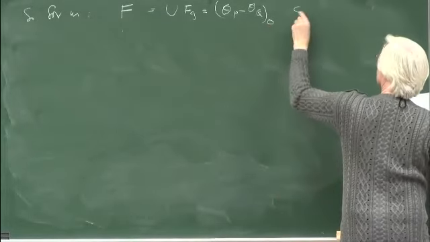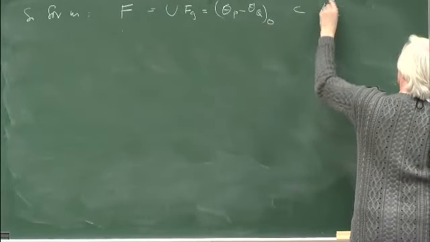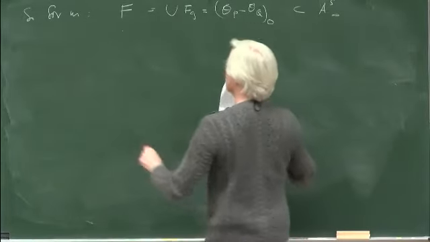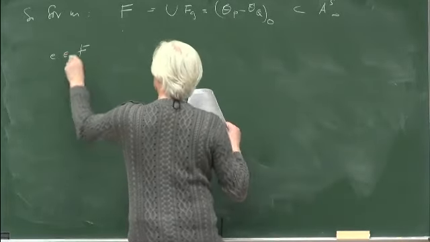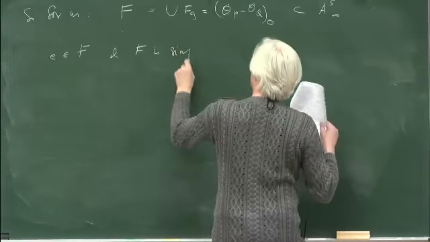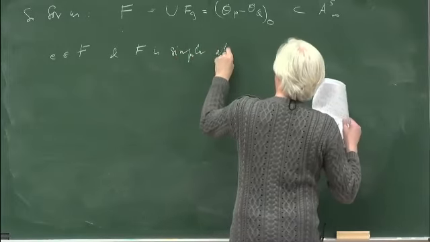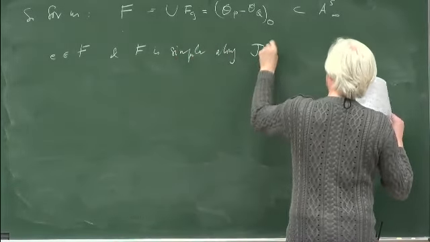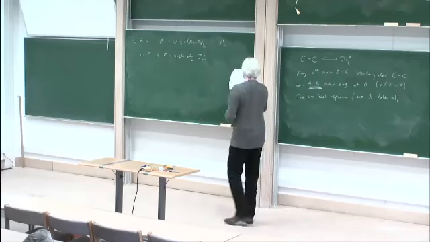It sits inside A infinity, the identity sits in F, and F is singular along the Jacobian locus.